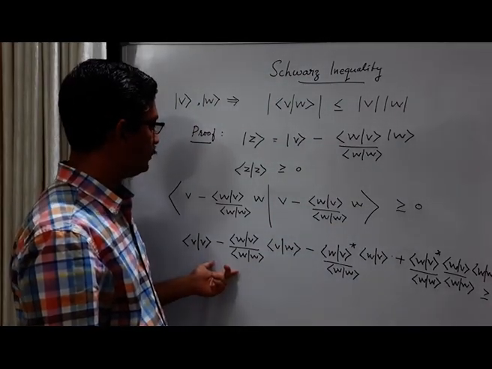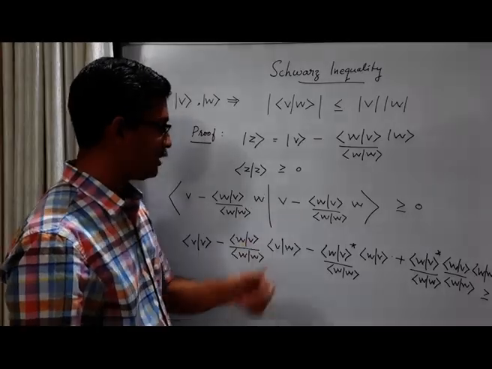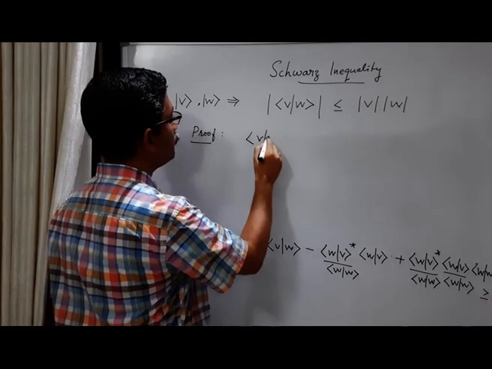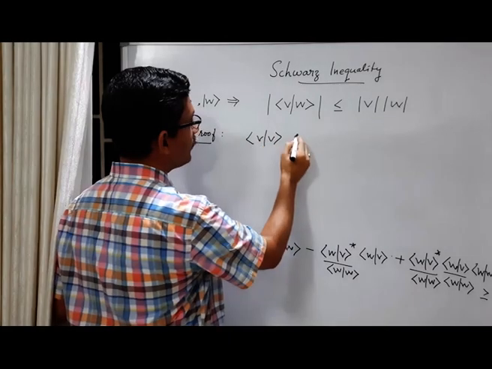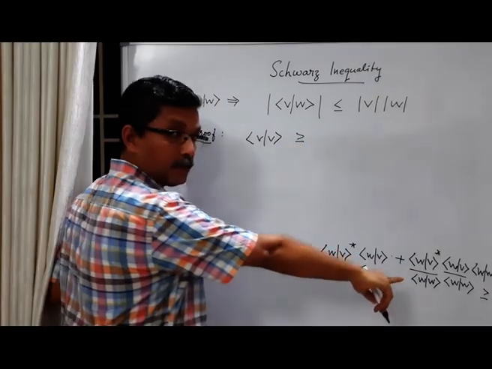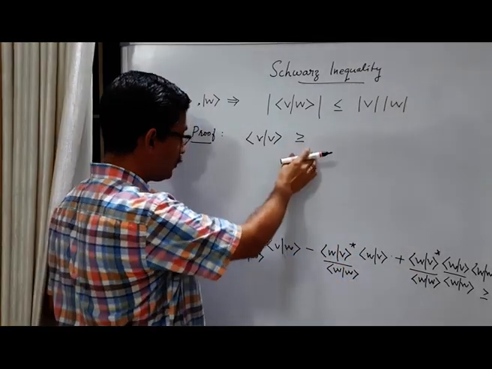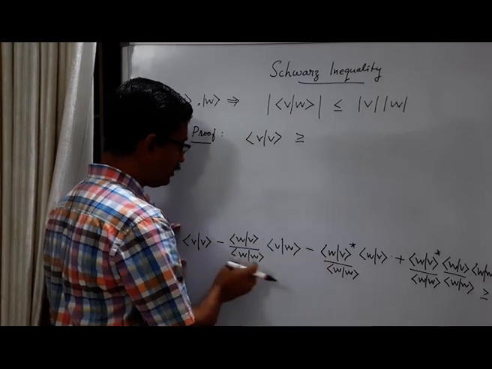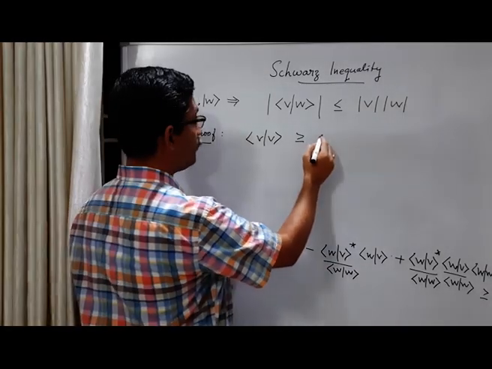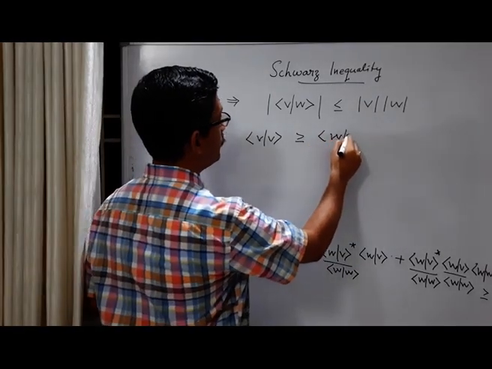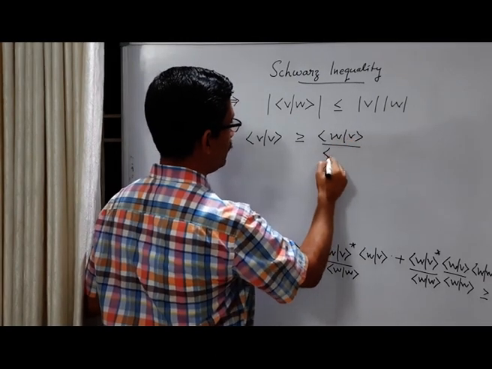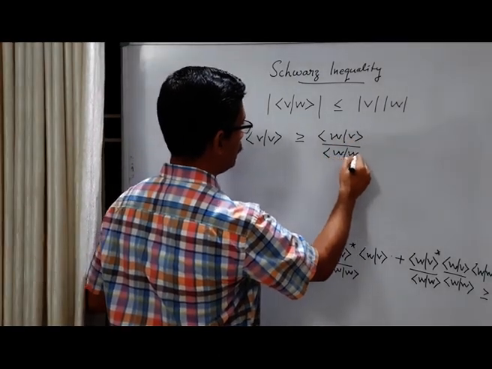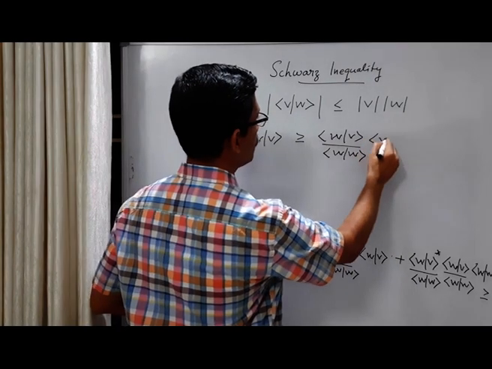Okay. Then we can take the second term to the right side. Inner product of V with itself is greater than or equal to 0, and this term when you take to the right side will become positive. So we have W V by W W V W.